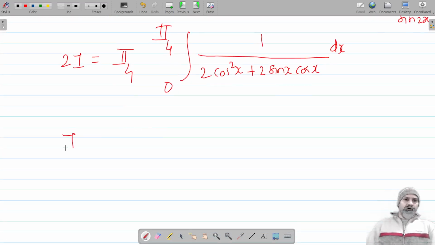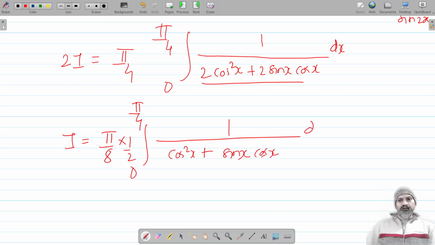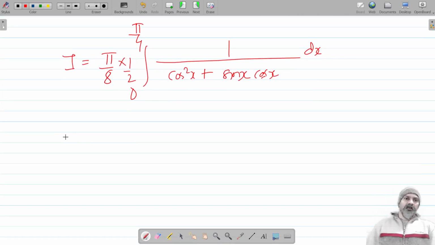Okay, so I is equal to pi by 8, from 0 to pi by 4. Let's take 2 common in this. So finally this is 1 upon cos square x plus sine x into cos x into dx, and now I is equal to pi by 16, from 0 to pi by 4.